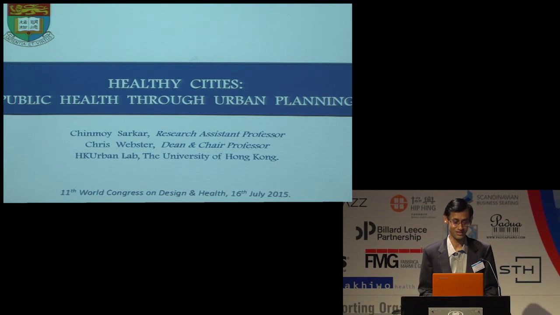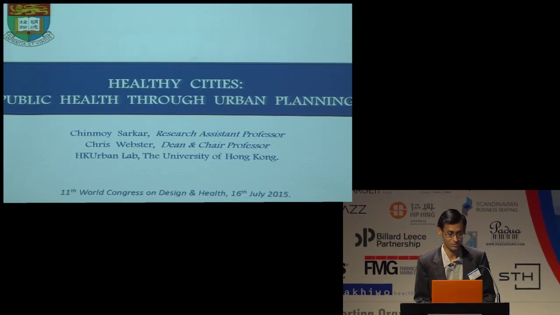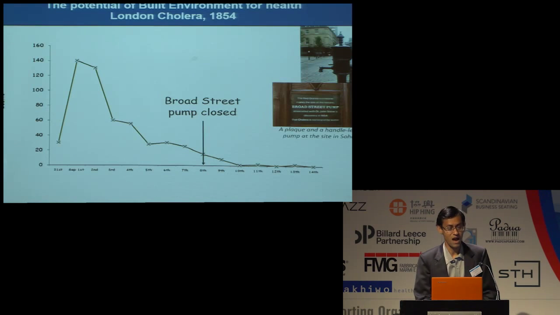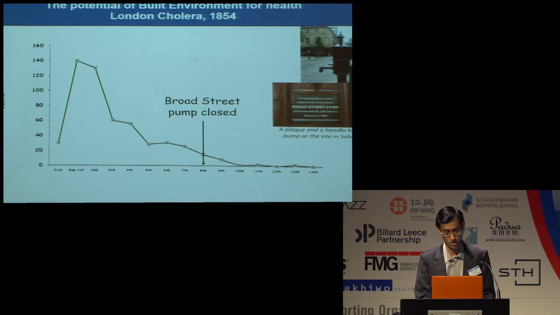Thank you. It's a privilege to be invited to speak on the science of healthy cities. Let me take you back 170 years into the London cholera epidemic. This is a graph of the mortality in the first 2 weeks around the neighborhoods of the Broad Street pump.